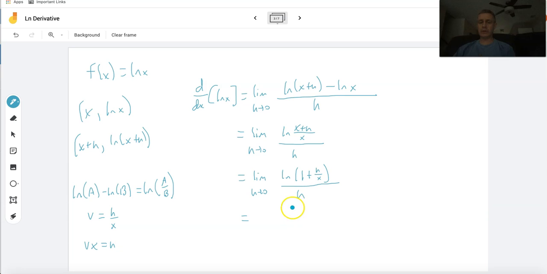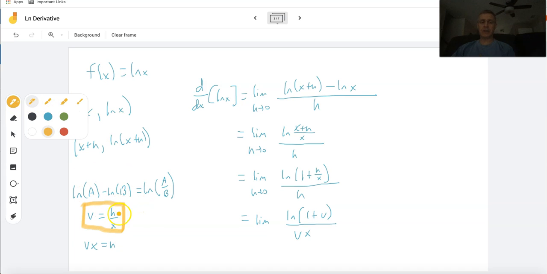So making the substitutions, h over x is equal to v, and in the denominator where we have h, that is equal to v times x, so I'll make that substitution there. The other substitution you have to make here is, we have that h is approaching 0, but having made these substitutions, there's no longer any h in my expression. So I need to adjust the variable that we're going to use and what it's approaching.